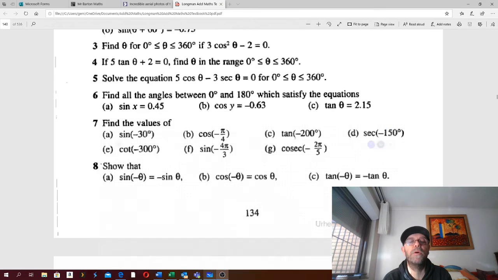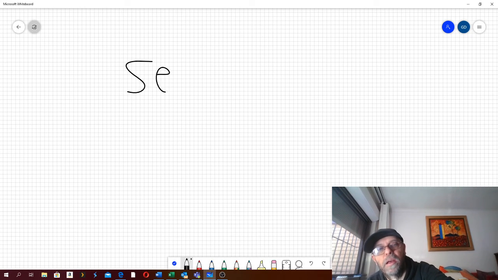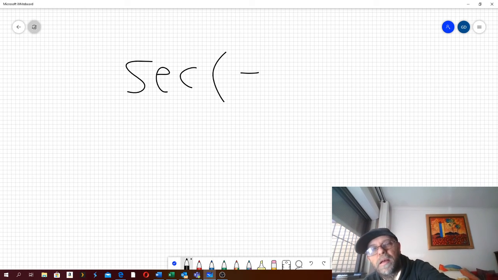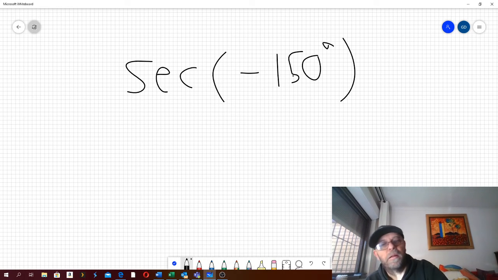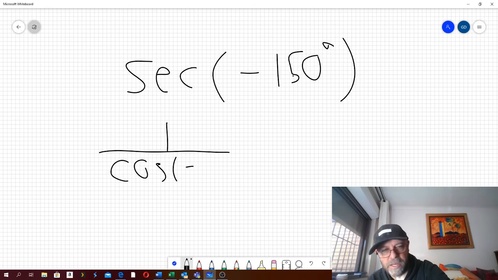I'm going to do the next one, and this one is sec of minus 150. Sec relates to the cos ratio, so that's the same as 1 over cos of minus 150.